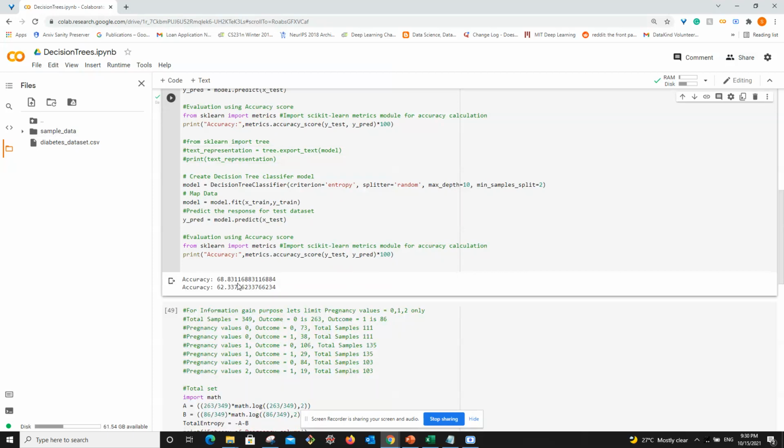You have two different approaches: one is giving 68%, another is giving 62%. This is just to demonstrate the different parameters when we initialize the model.